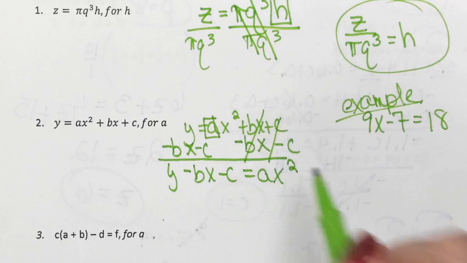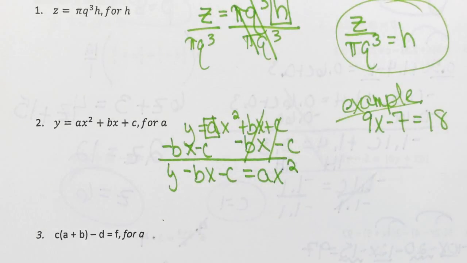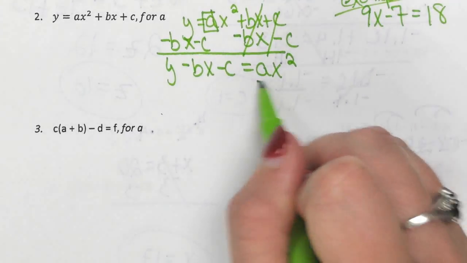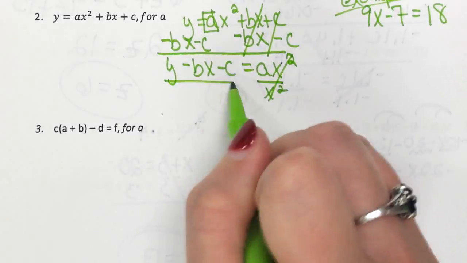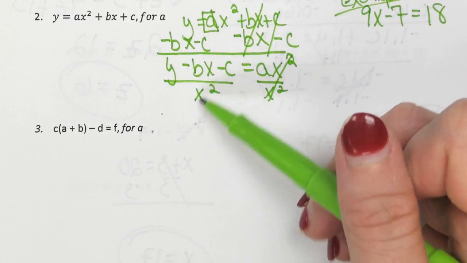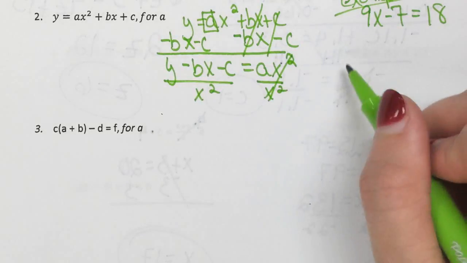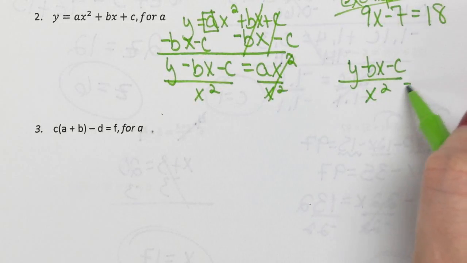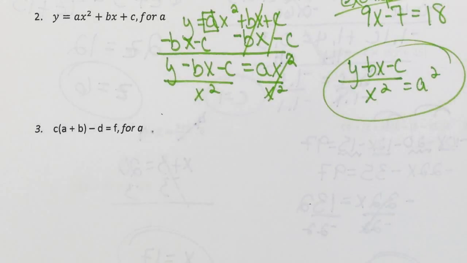Okay, now that you moved all of that, now what can you do to get a by itself? Divide. There you go. By what? Perfect. Do these x's cancel out? No, because you're subtracting. You cannot subtract and cancel those out at the same time. We'll talk later about that more.